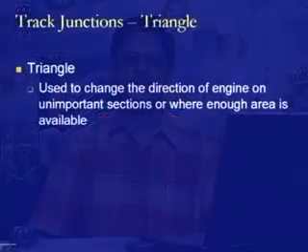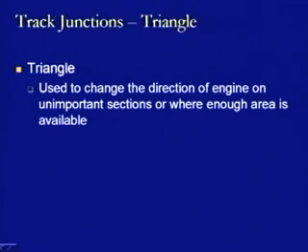Generally, it is used to change the direction of an engine on unimportant sections or where enough area is available. These are the two conditions. Either the section is not very important, or there is a large amount of area available, due to which a triangle can be provided so as to reverse the direction of the engine.